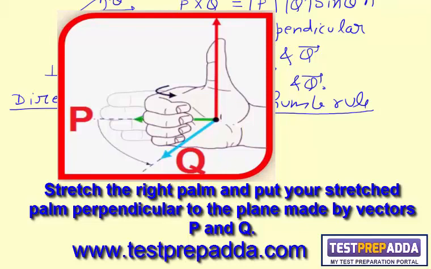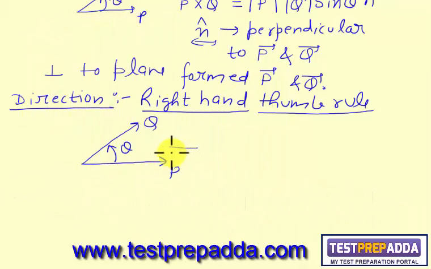For example, if I take this, these are the fingers and this is our thumb.